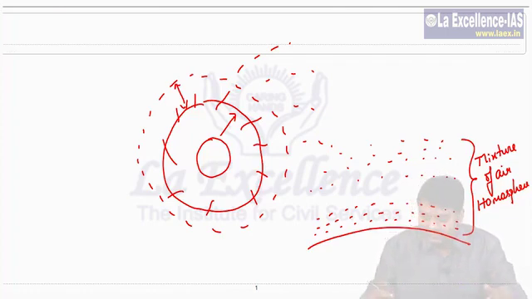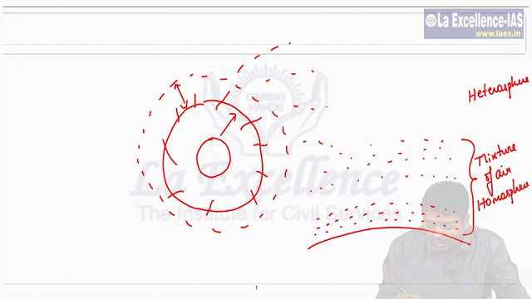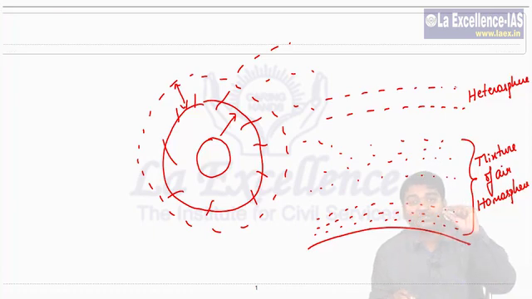But above this, you have the heterosphere, where the composition varies. One layer will be oxygen, one layer will be nitrogen. Based on the weight of the molecules, you usually observe that layers are present.